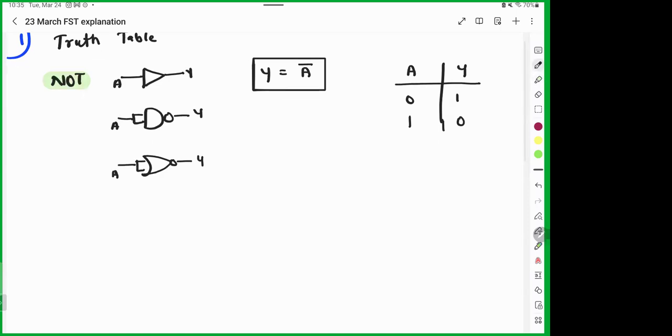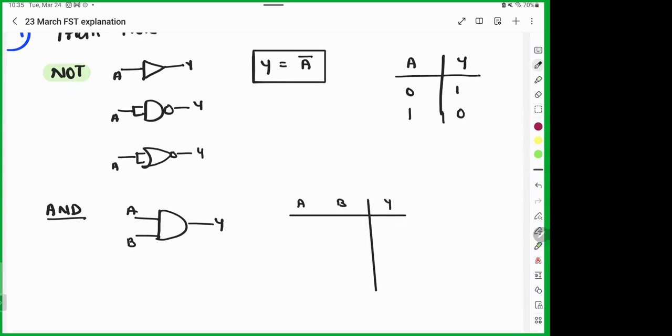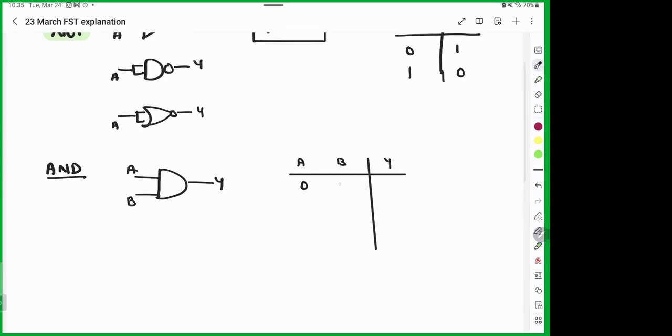Second, in case of the AND gate, which looks like this, two inputs, one output. If you make the truth table A, B and Y, there are four possibilities. If both are 0, then it will be 0.